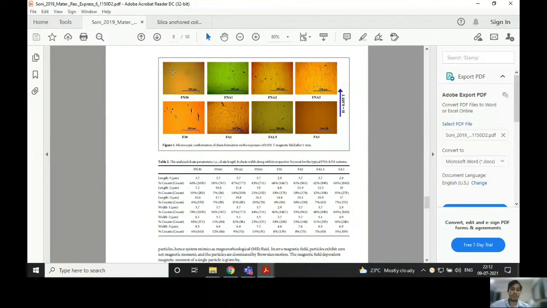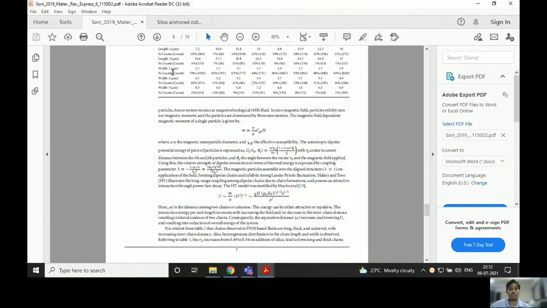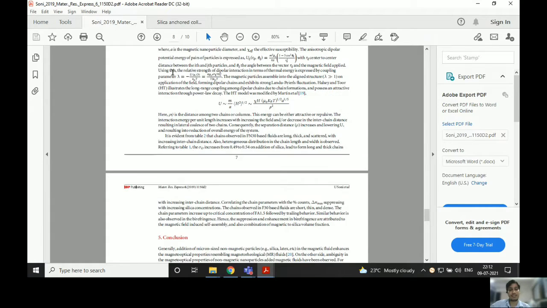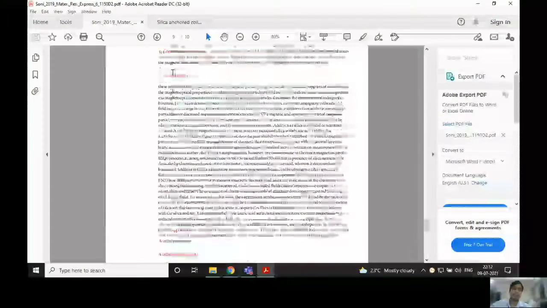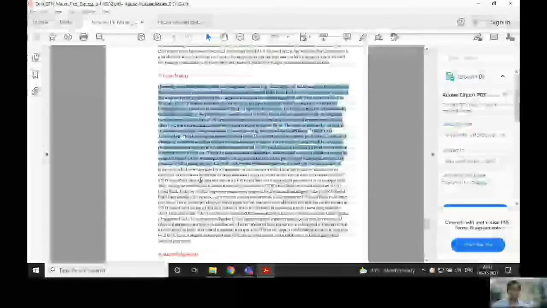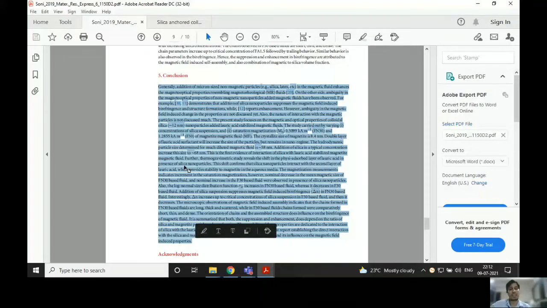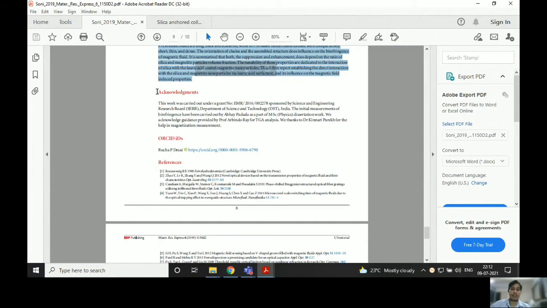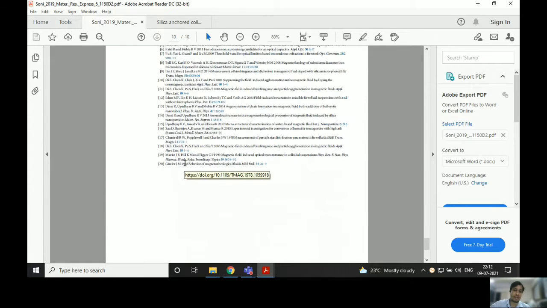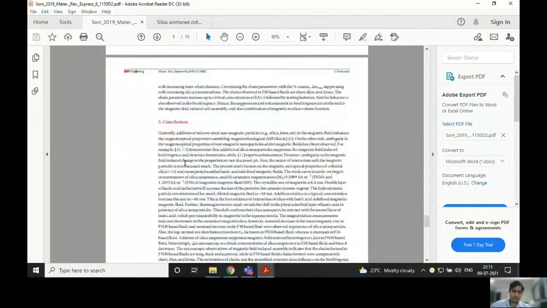So that theory part you can write in the discussion. That is the result and discussion part, and later on there is a conclusion which gives all the things, what is the output of the particular experiment. And later on there is an acknowledgement, and then there are references. So a number of references are there in any research paper.